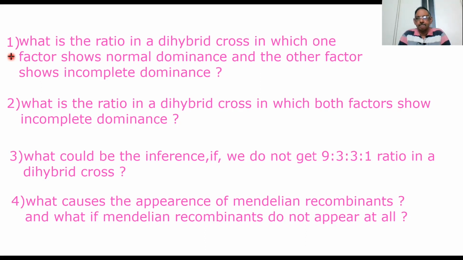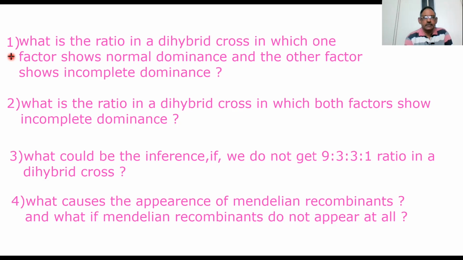This means of the two factors, remember that dihybrid cross is also called two-factor cross. We are focusing on 2 different genes. If one of the factors shows normal dominance and if the other factor shows incomplete dominance, what ratio do we get? This I will answer a little later.